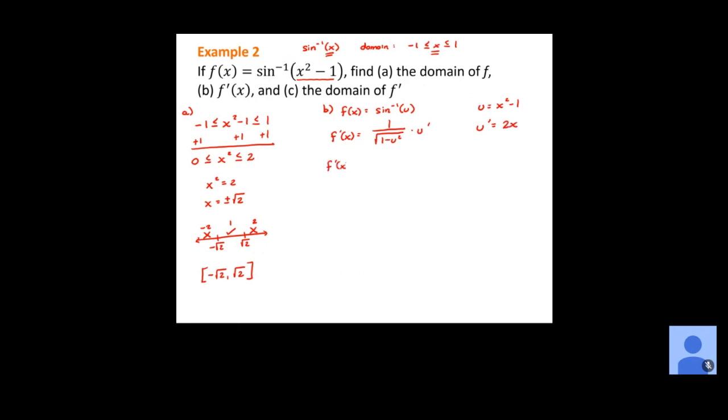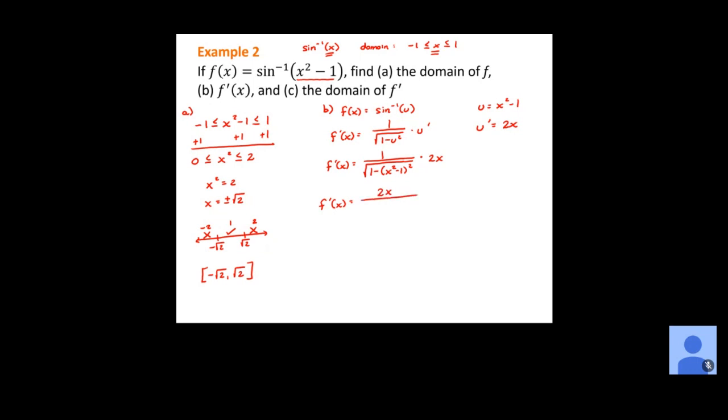So now we have f prime of x equals, now we can substitute our x values back in here. This is going to be the square root of 1 minus x squared minus 1 all squared, times 2x. Then if you want to, we can multiply out the x squared minus 1 squared, combine like terms inside the square root, and move the 2x up into the numerator.